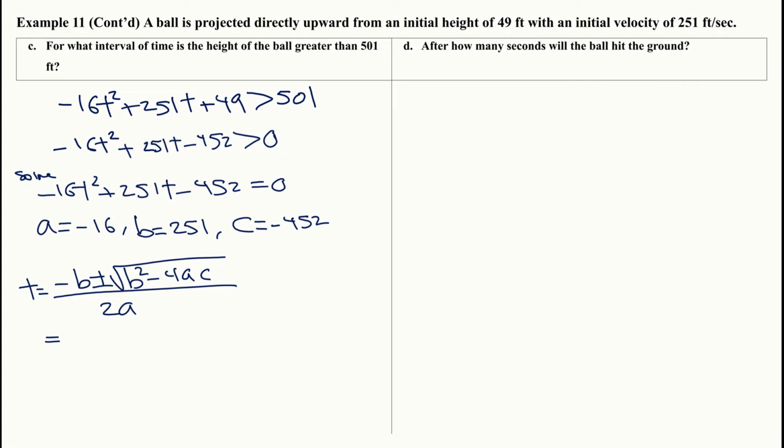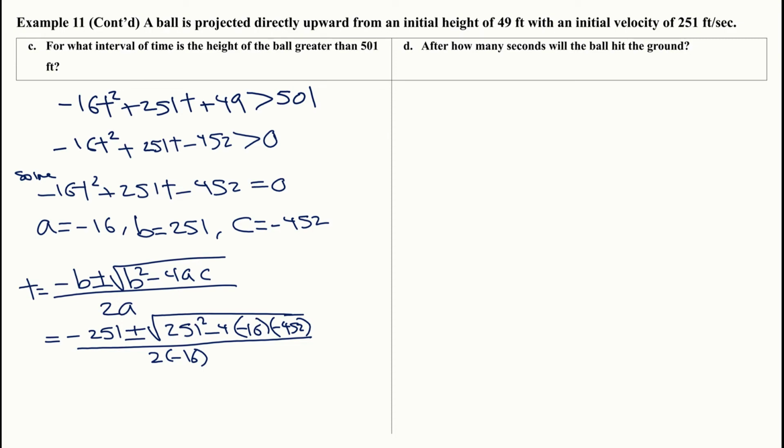So we get negative 251 plus or minus square root of 251 squared minus 4 times negative 16 times negative 452, all over 2 times negative 16.